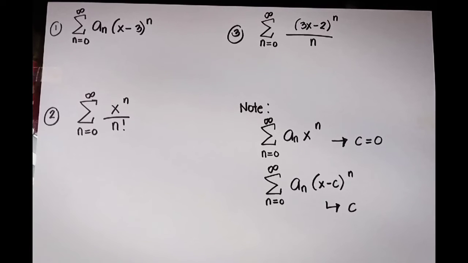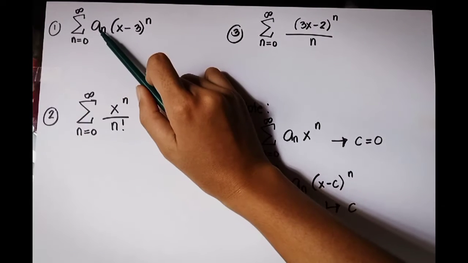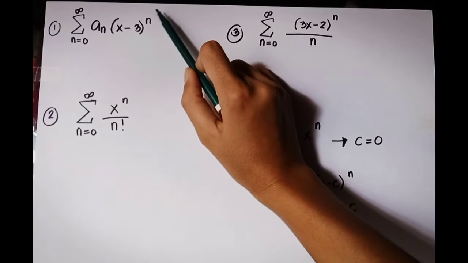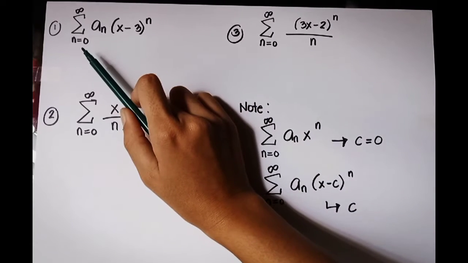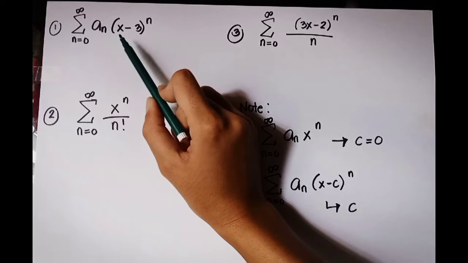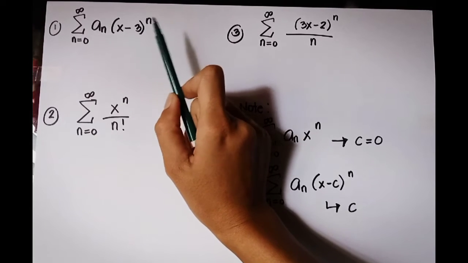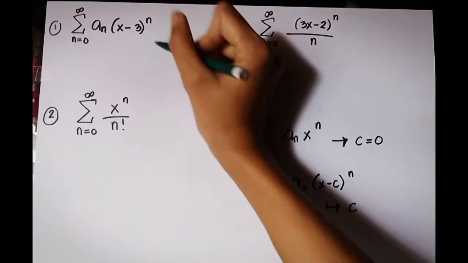Now to find where the power series is centered, let's see the example. If we have the series a_n times the quantity (x minus 3) raised to n as n equals 0 goes to infinity, we will find where the power series is centered.